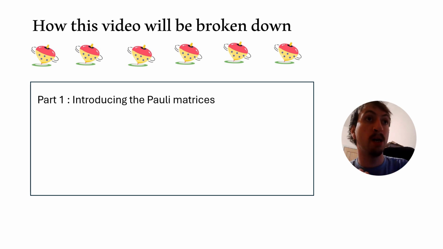We're going to look at their properties, at relationships between different Pauli matrices, and at their connection with how spinors, the mathematical objects which describe the spin of something, transform and evolve in relation to their spin.